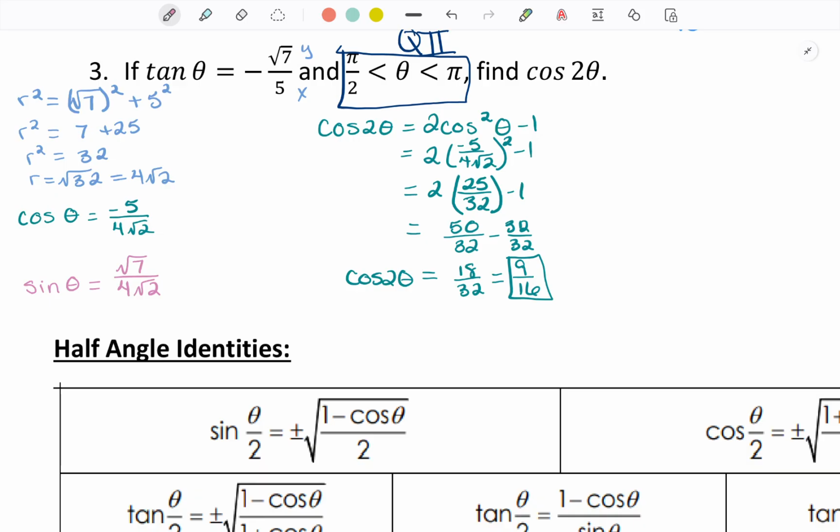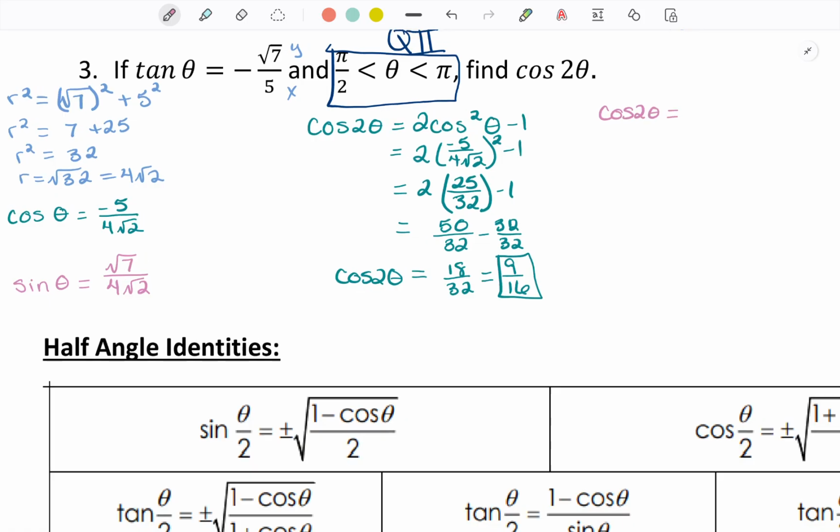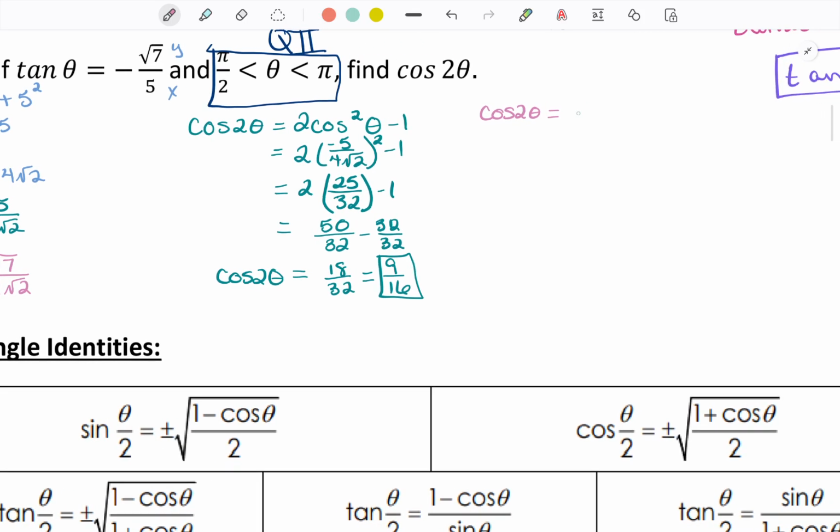And so that identity for cosine 2 theta equals 1 minus 2 sine squared theta. So we're going to go ahead and put in that sine. So we've got 1 minus 2 times square root of 7 over 4 square roots of 2, squared. And so we've got 1 minus 2 times 7 over 32.